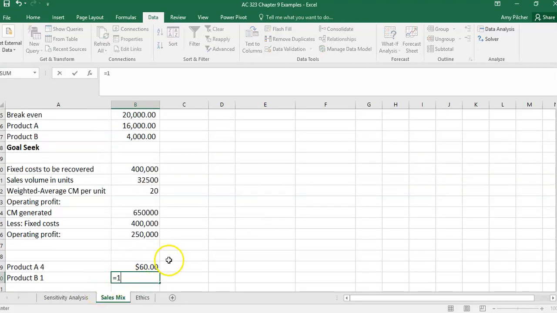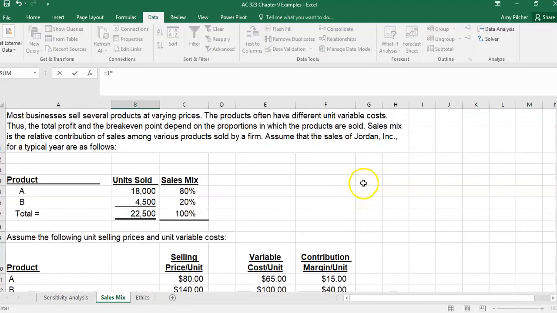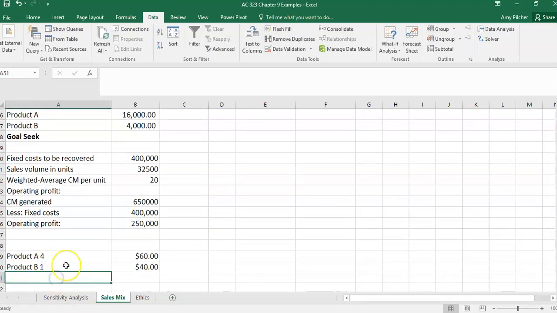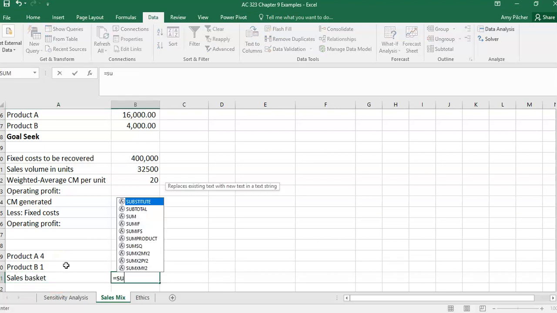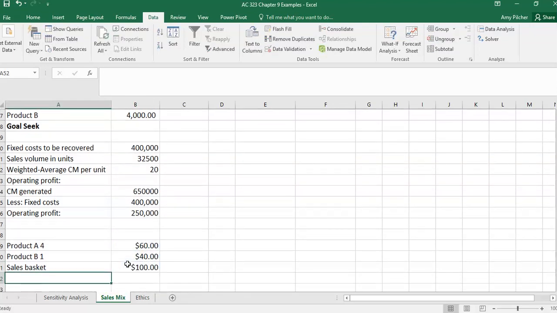And for B, it's 1 unit times the contribution margin of 40 for B. So our total sales basket bundle has a contribution margin of $100.